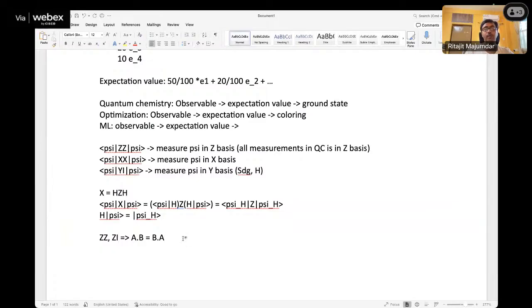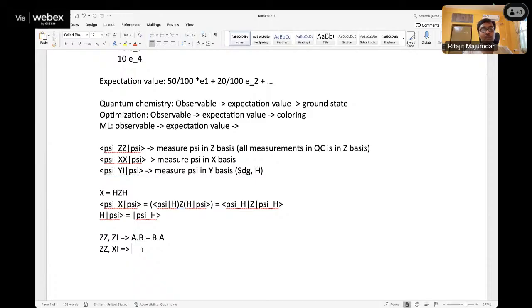But not all matrices commute. So if I have something like ZZ and XI, they don't commute with each other. This doesn't require any Hadamard gate. This requires Hadamard gate. So whether you calculate this first, this next, or this first, this next, that will create a problem in your outcome.